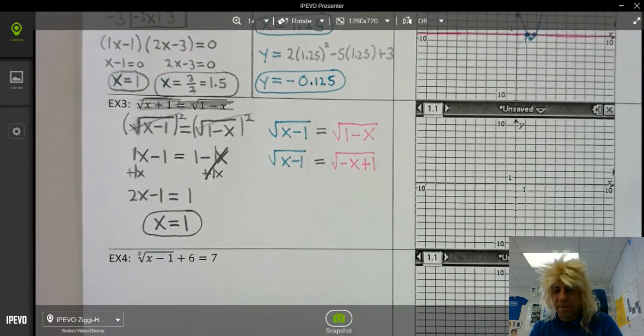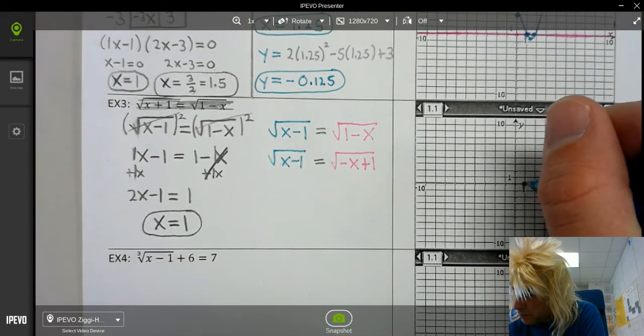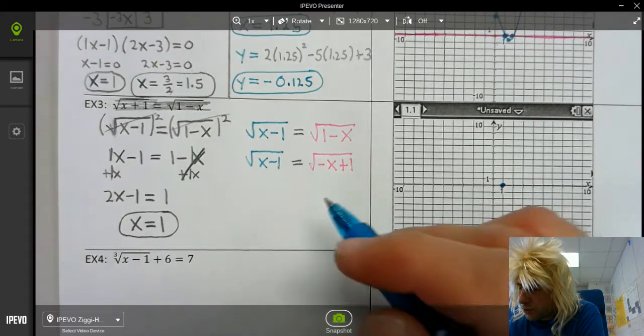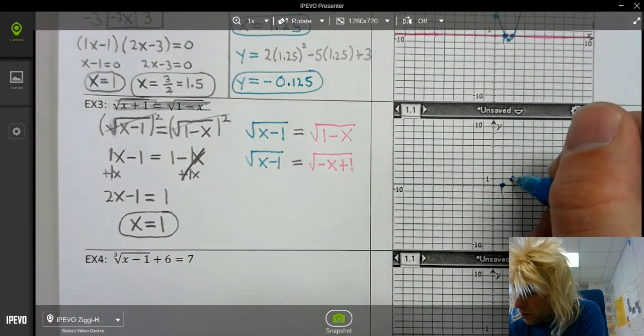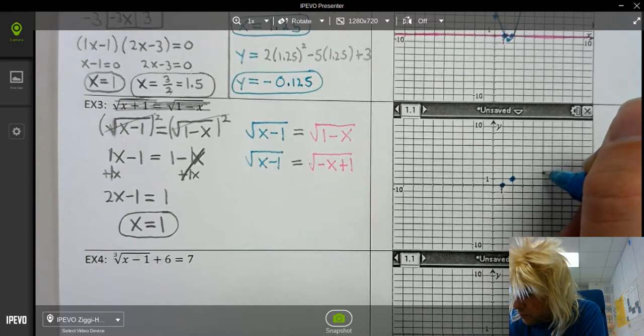Okay? Alright, so to graph the left side, we know we graph by transformation, so we know that the minus 1, we go to the right 1. And then we know because it's square root, we go right 1 up 1. Right 4, up 2.